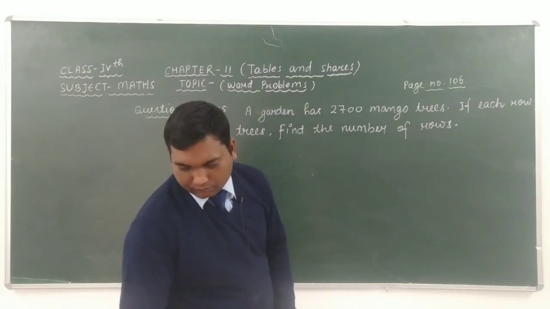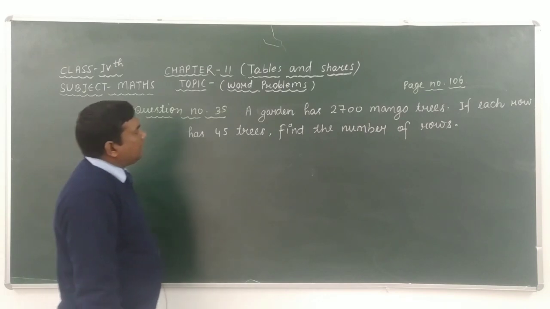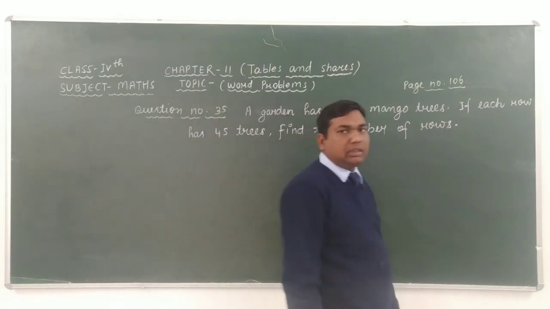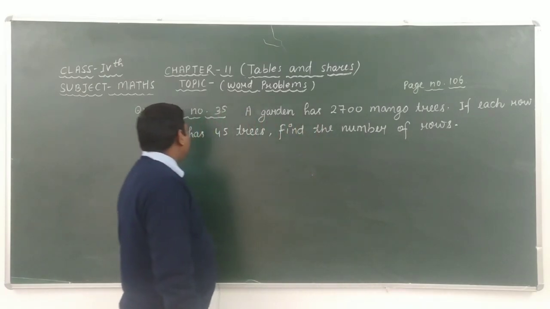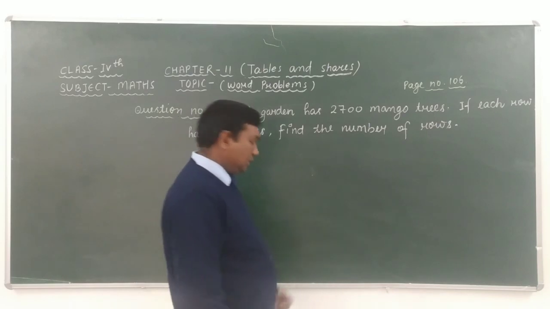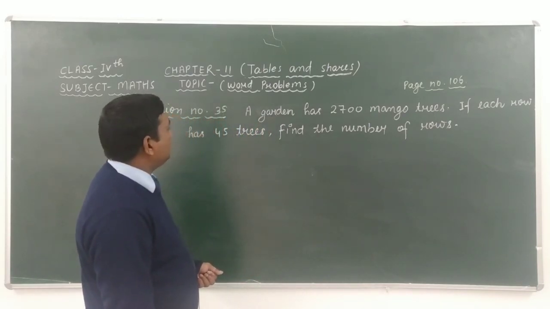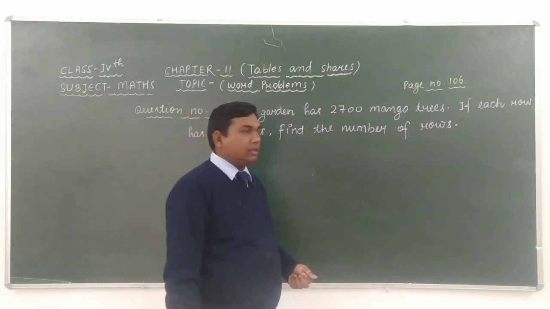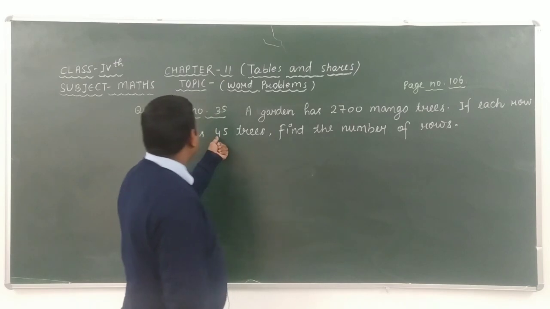Okay students, look here carefully. In this question it is given that a garden has 2700 mango trees. If each row has 45 trees, then in this question we find the number of rows, which is 2700 by 45.